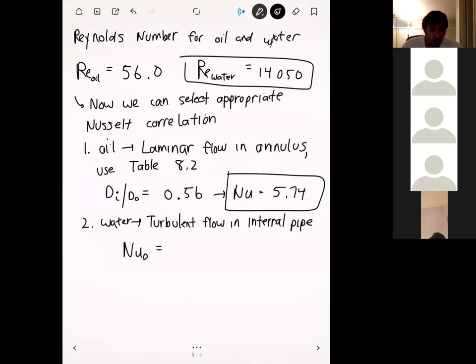The Nusselt number correlation for this is 0.023 times the Reynolds number to the 4/5 times the Prandtl number to the 0.4. What we get from that after plugging in the numbers is a Nusselt number of 90.